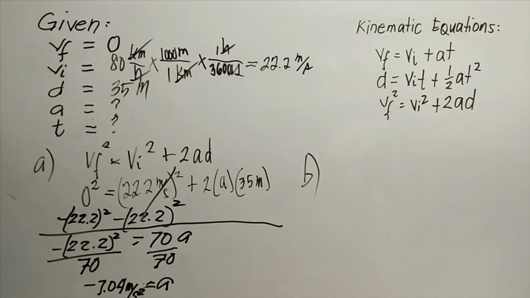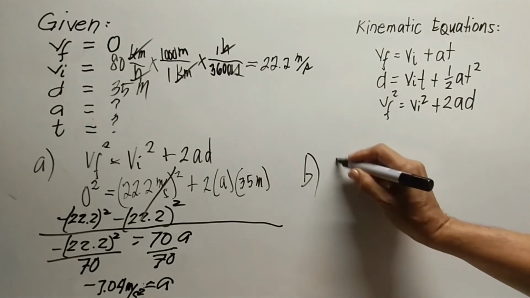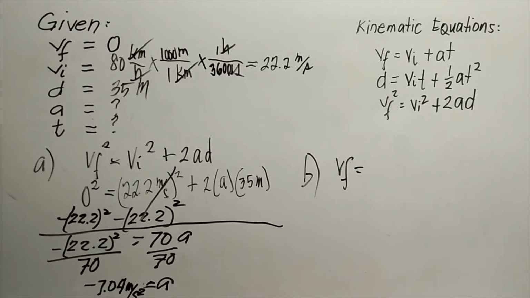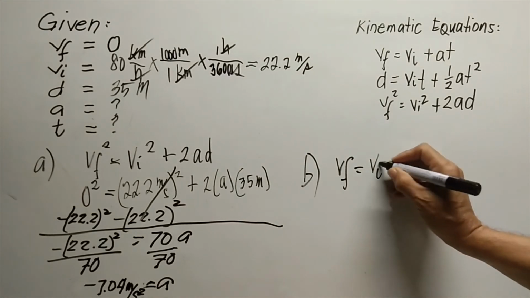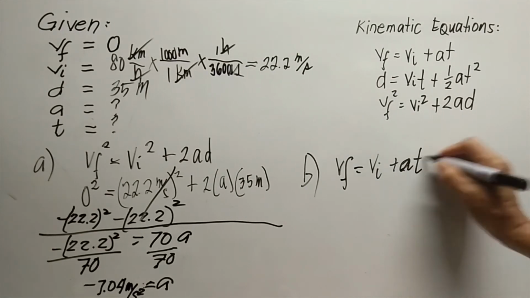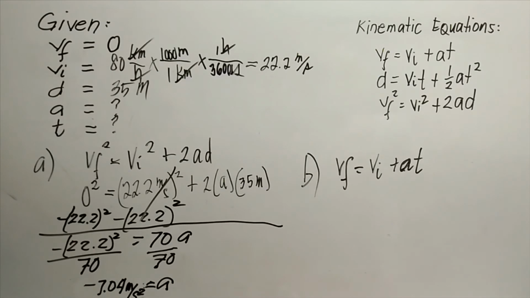For question letter B, we're going to use the formula Vf is equal to Vi plus At. Again, substitute all the given information to the formula.